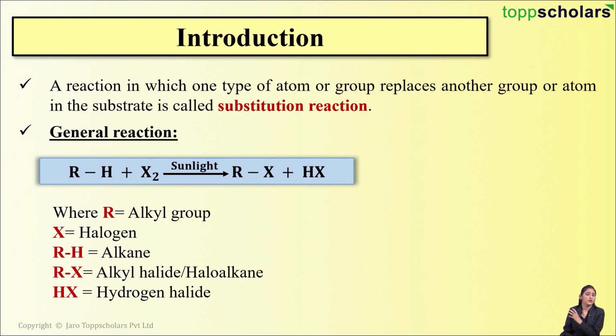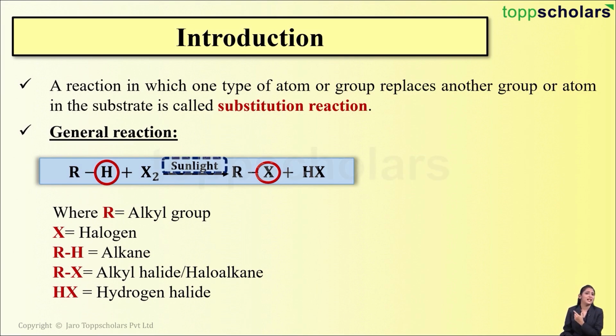So friends, in this reaction, you can see that the hydrogen atom present in the alkane is replaced by the halogen atom. That is, alkanes, when they react with halogens in the presence of sunlight, result in the formation of alkyl halides, that is haloalkanes, along with hydrogen halide.